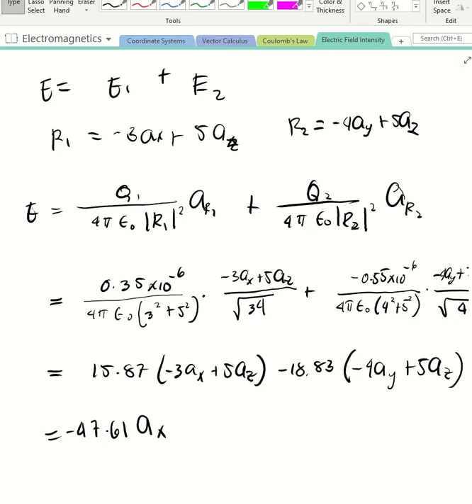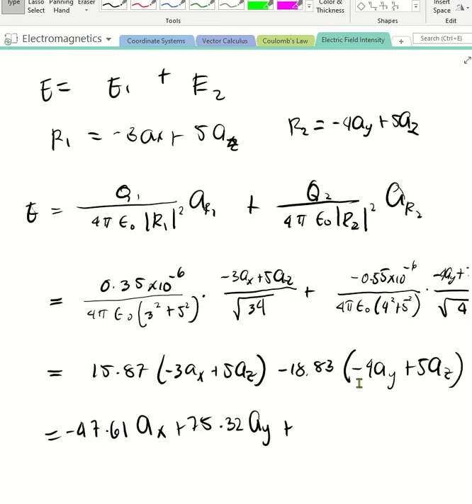So 18.83 times 4, that is 75.32. So plus 75.32 in the y direction. And for the z direction, we need to add 15.87 times 5.